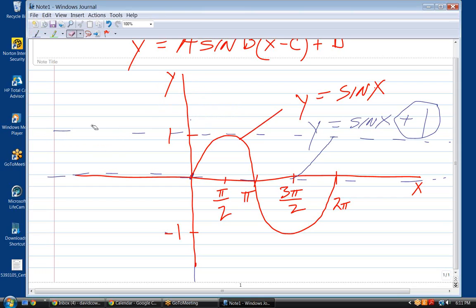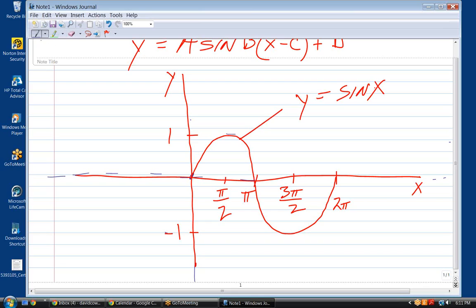And the last thing let's talk about individually, because you can combine all of these things, and that's when it starts to get a little tougher. But let's talk about C. C is called the phase shift. But basically what C does is just a horizontal shift, left or right.